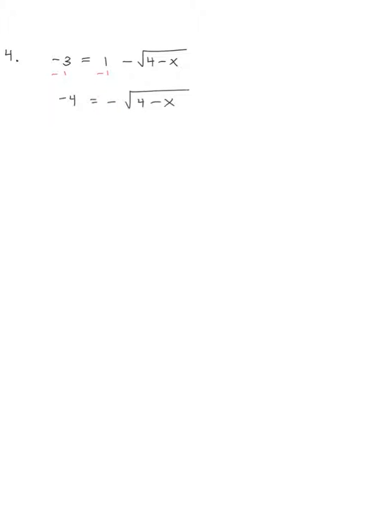If I divide both sides by negative 1, it'll cancel the negative. But what I'm going to do is square both sides because this will have the same effect. If I square the negative and the 4, the negative goes away, and 4 squared is 16. On the right side of the equation, if you square the negative, it cancels, and if you square the square root, you're left with 4 minus x.